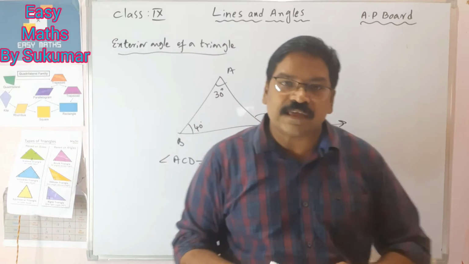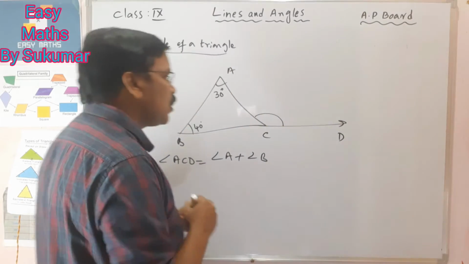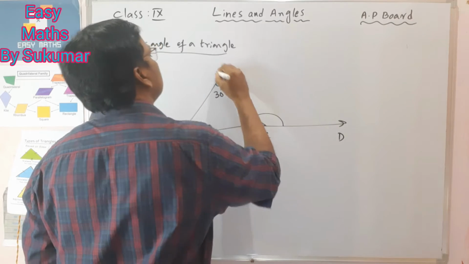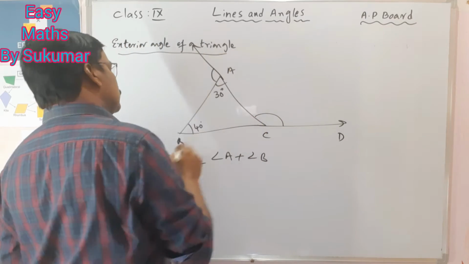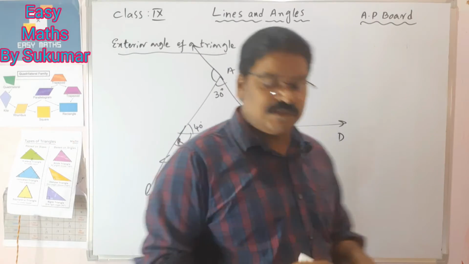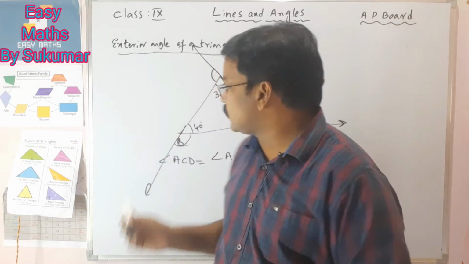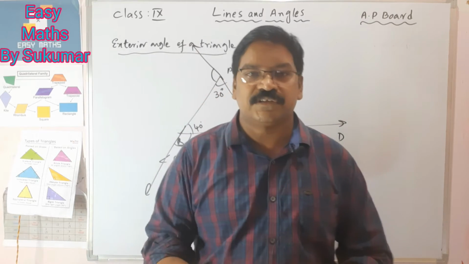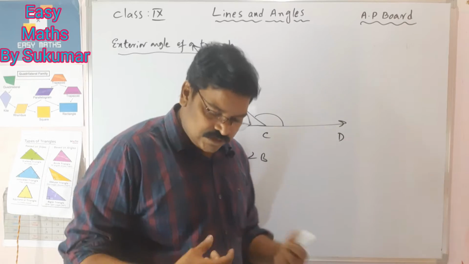So the exterior angle is the sum of the opposite two interior angles. If you produce this one, this is also an exterior angle. For your information, the sum of all these exterior angles is equal to 360 degrees.